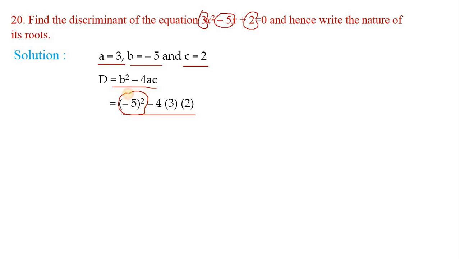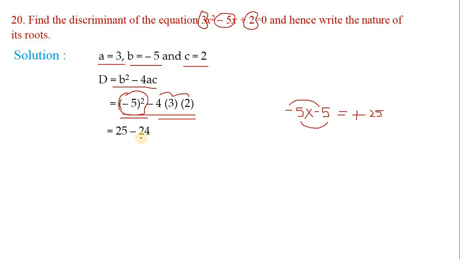Minus 5 whole square means minus 5 you have to multiply 2 times. Minus into minus is plus. You may mention plus or you may leave it, not a problem. 5 fives are 25. So its value is 25, and 4 threes are 12, 12 twos are 24.